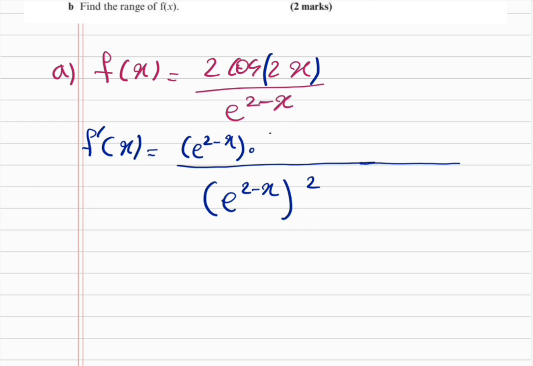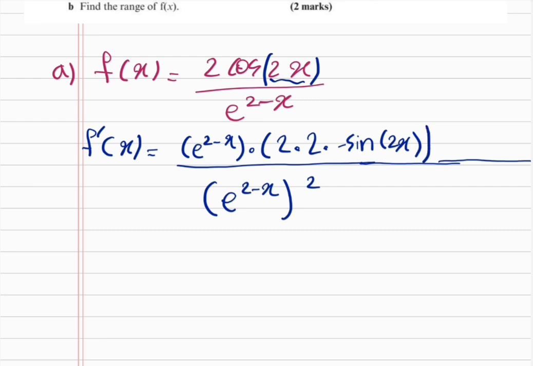So as a result of that, remember, we have a 2 as a coefficient, and another 2, which is the derivative of inside of the bracket. Because 2x differentiates to 2, that comes out. And cos differentiates to minus sine, so negative sine 2x.